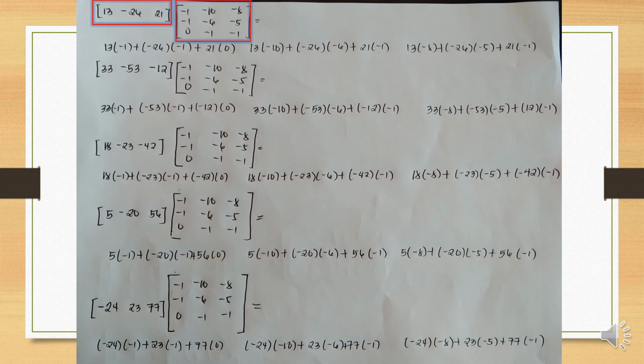So -24 times -1 plus 23 times -1 plus 77 times 0. The next is -24 times -10 plus 23 times -6 plus 77 times -1. And the last column is -24 times -8 plus 23 times -5 plus 77 times -1. So on the next slide, I will show you the answer.